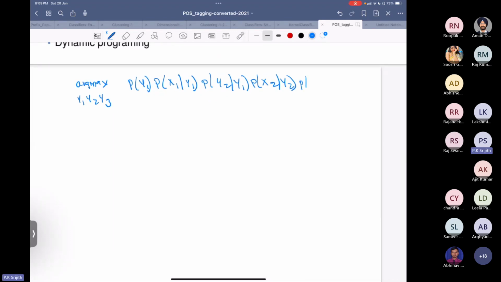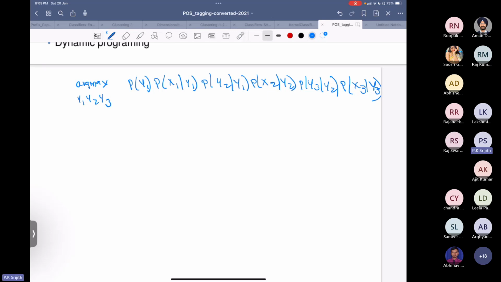into probability of y3 given y2 into probability of x3 given y3. So I need to do an argmax over this, right?